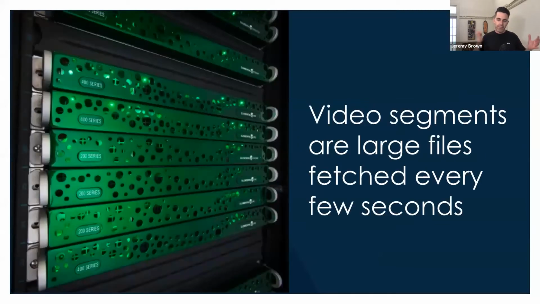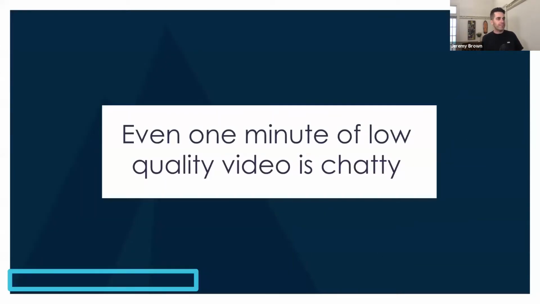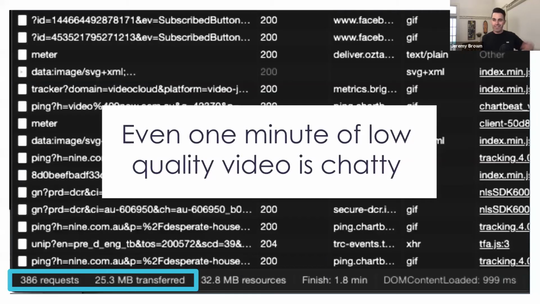The fact that those segments are a few seconds long, you're constantly having to pull down potentially a 5 megabyte file every couple of seconds. Now you think about an API that behaves like that, you'd probably get fired if you designed one like that. So it's doing that thing with the images, Jackson, but we'll let it go. Guys, you're just going to have to deal with it.